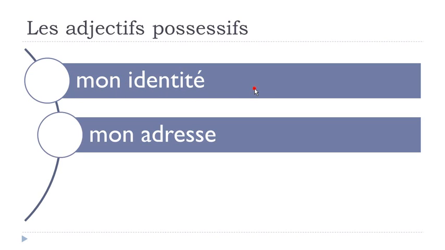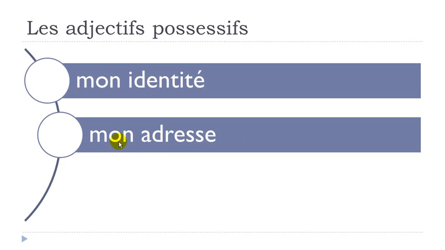Another example, adresse. Same thing here, adresse is a feminine word, but it starts with a. Same thing, you will have to use adjectif possessif masculin. Mon adresse, my address, mon adresse. You can hear now this little link, so you've got to pronounce this n.